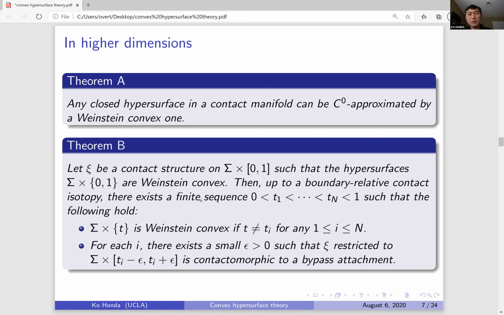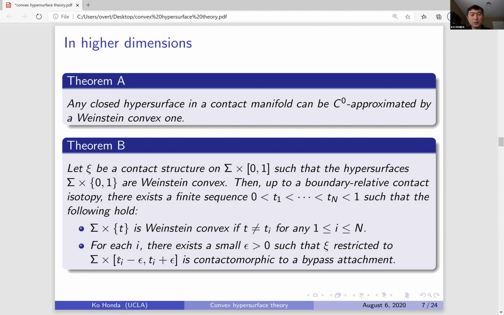Then up to a boundary relative contact isotopy, there exists a finite sequence T1 through Tn, such that at all the moments except at Ti, sigma cross T is Weinstein convex. And for each i, there exists a small neighborhood such that C restricted to sigma cross (Ti minus epsilon, Ti plus epsilon) is contactomorphic to a bypass attachment.